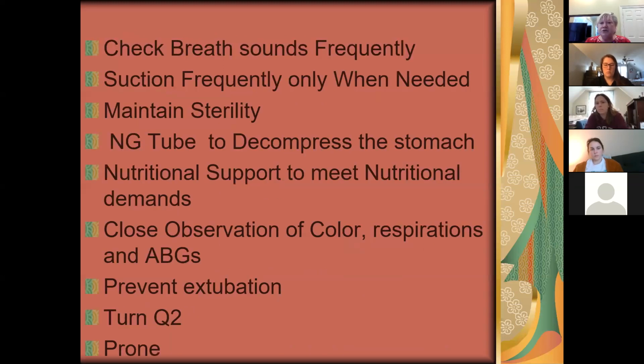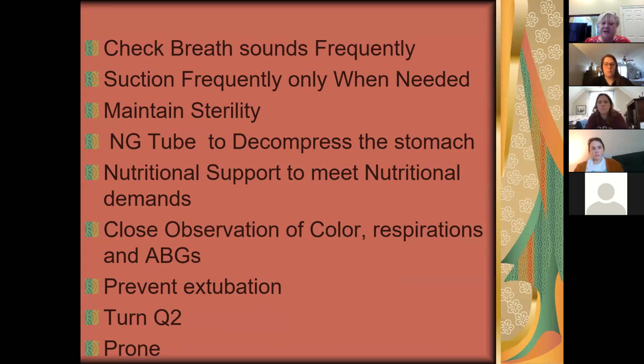Breath sounds are checked Q2 hours, and with each position change, we suction frequently, but only when needed. There should be no scheduled suctioning. When I was an ICU nurse, we suctioned Q1 regardless. That was a standard of care. There is no standard of care for suctioning now.